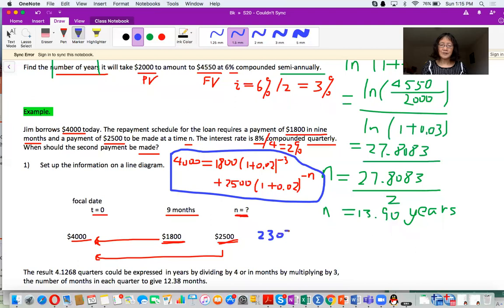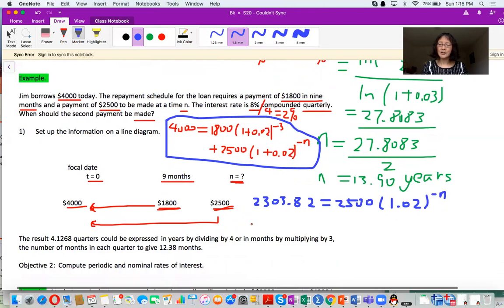You are going to get 2,303.82 equal to 2,500 multiplied by 1.02 raised to power -n.